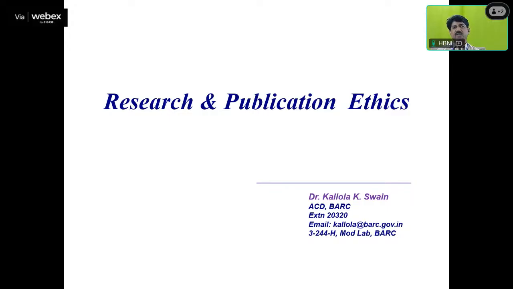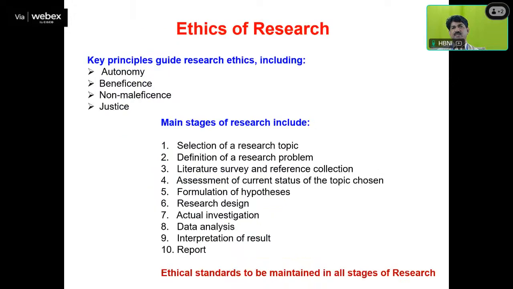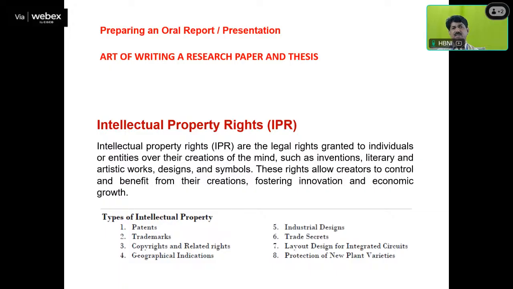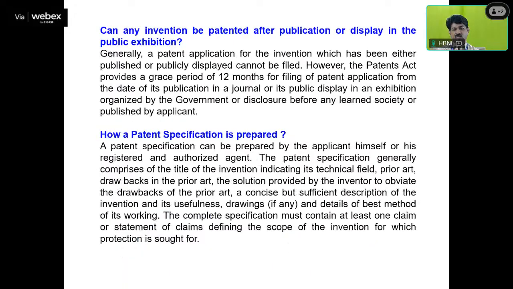So we have covered publication ethics, research ethics, report writing and IPR-related things. Today we were discussing patents. We discussed in the previous lecture what things can be patented and what cannot. Under two sections, section 3 and section 4 of the Patent Act, we cannot patent various products or processes which are very obvious or which are simply discoveries.